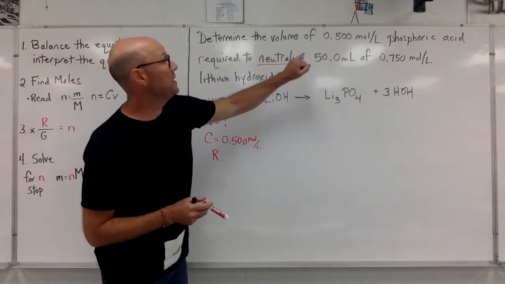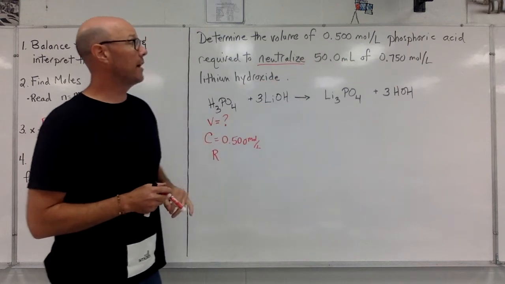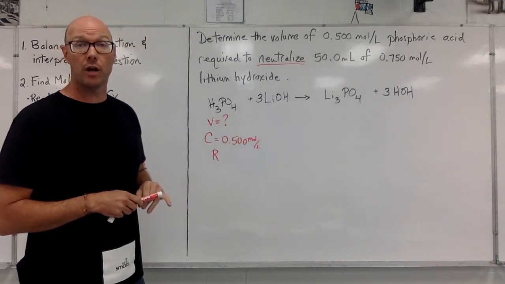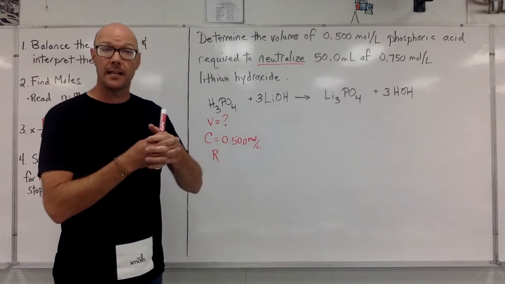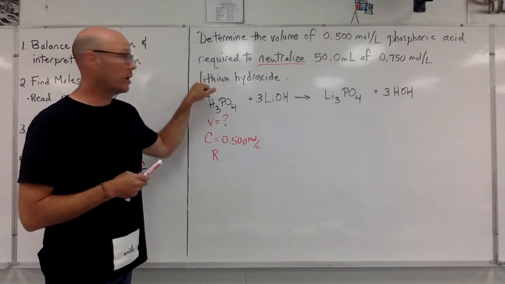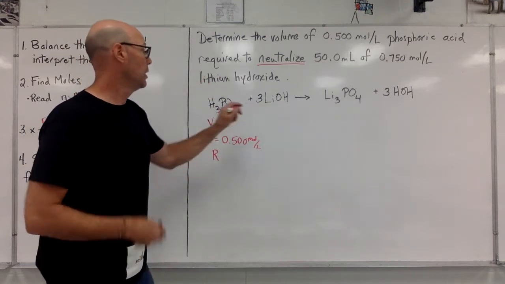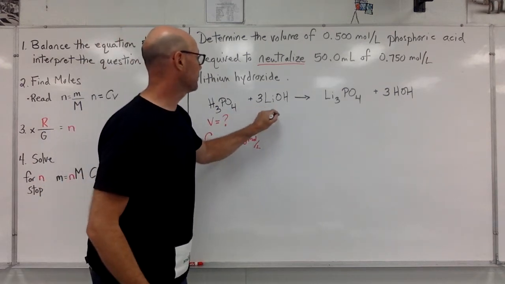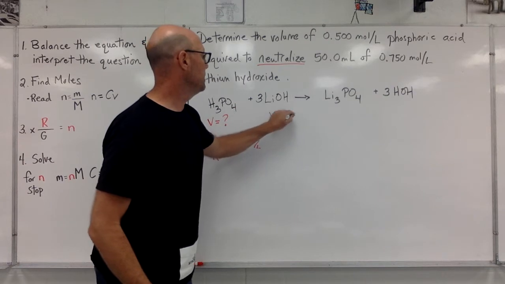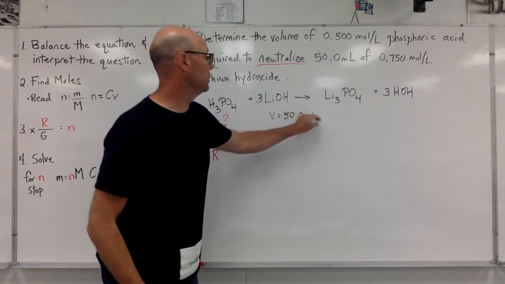Extra interpretation. We have 50 milliliters of 0.750 mole per liter lithium hydroxide, volume of concentration chemical, all linked together. Goes with the lithium hydroxide. Here it is. We have this volume, 50.0 milliliters.